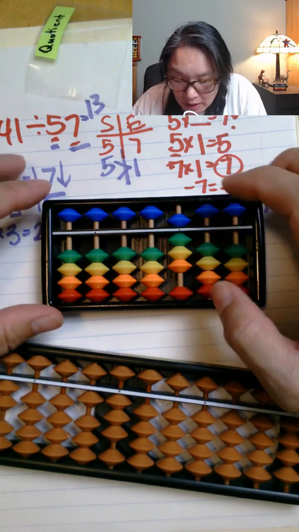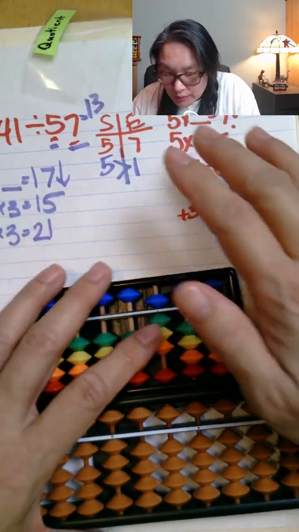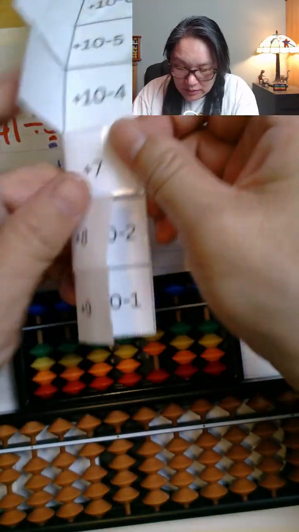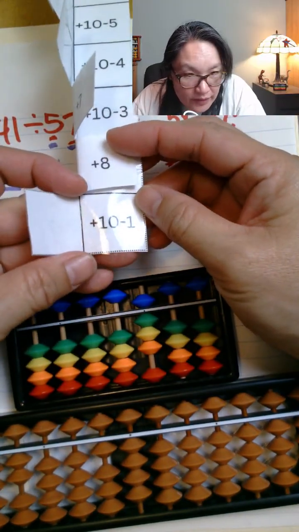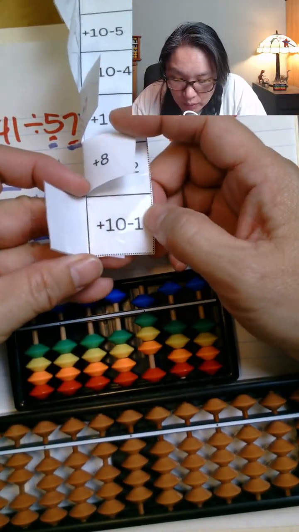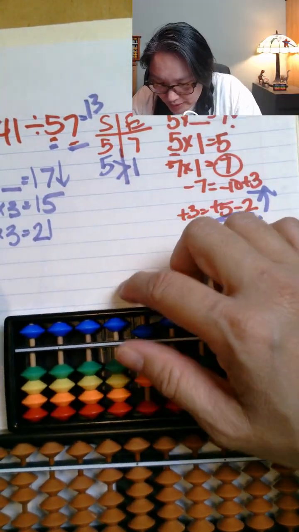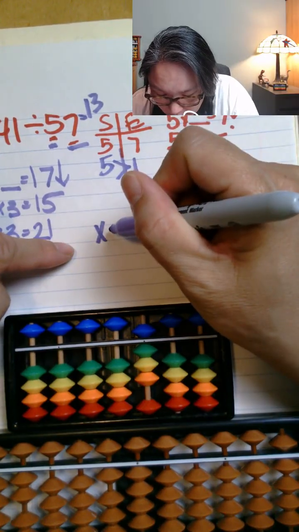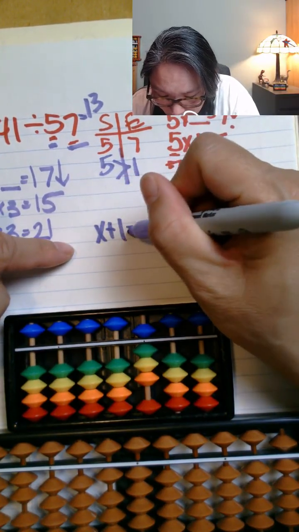Oh, I see. Well, there's more, right? To make a 10, there's a whole set. We have a 10 minus 1. Why are we doing this? If we remember algebra, we had x plus 1 is equal to 10.